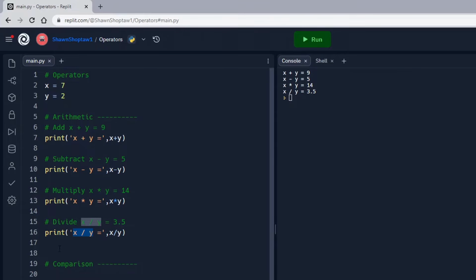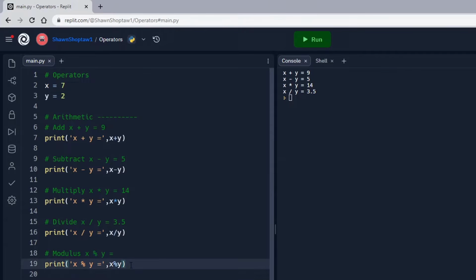Our next mathematical operator is going to look a little strange. It's called modulus, but it's actually the remainder. So the way this is going to look is we're going to use the percent, which is above the number 5 key on a standard keyboard, so shift 5.